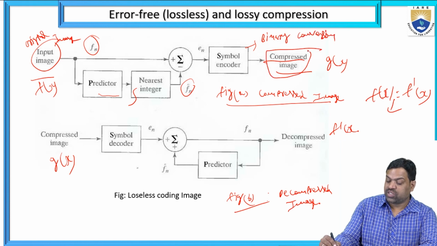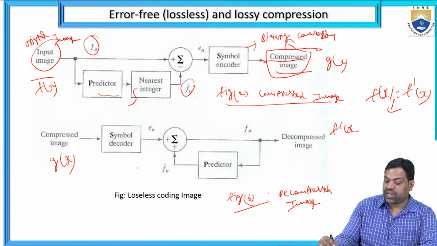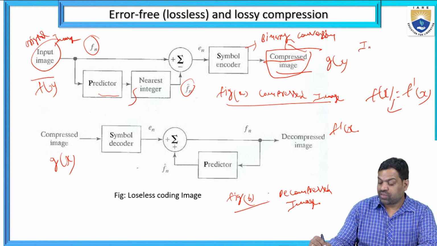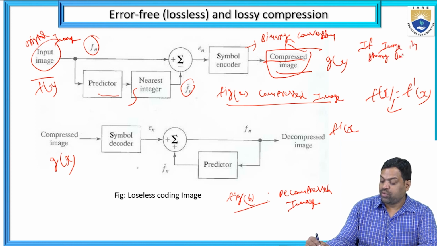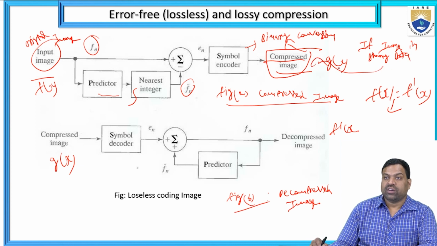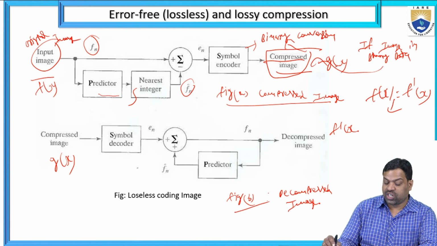Compression of an image is possible only when the image is in binary data. After compressing the image, the output is g of x.